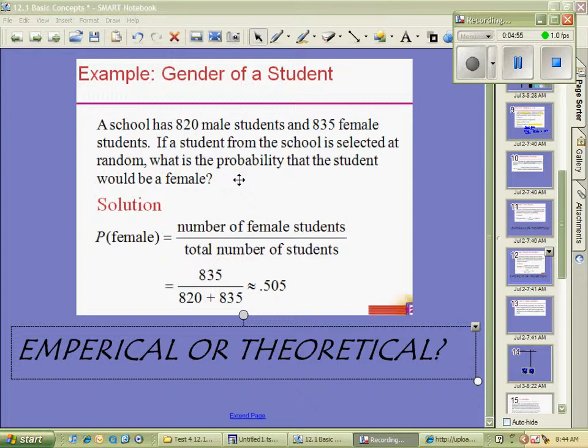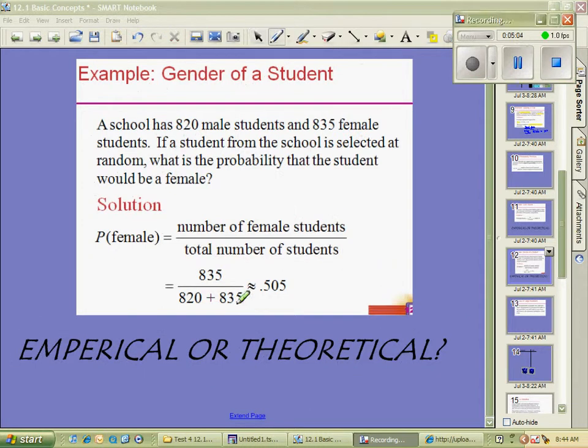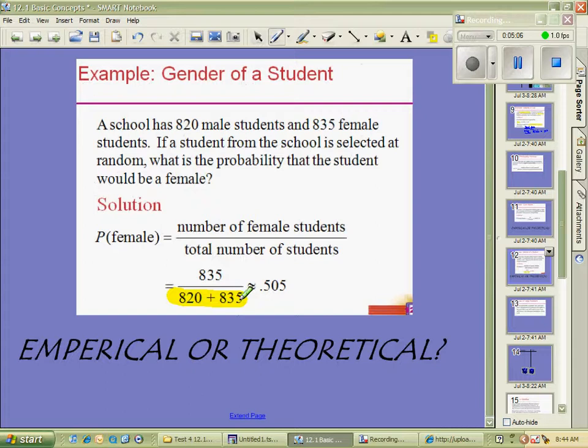So that's what they're showing you here: they took the 820 and the 835 and put those together on the bottom to give the total possible outcomes. Then on top, they put the number of females, which they took from the data at the top. Bam, there's your probability. Now, this is basically saying that you've got a 50% chance, if we converted this to a percentage, of getting a girl, approximately.